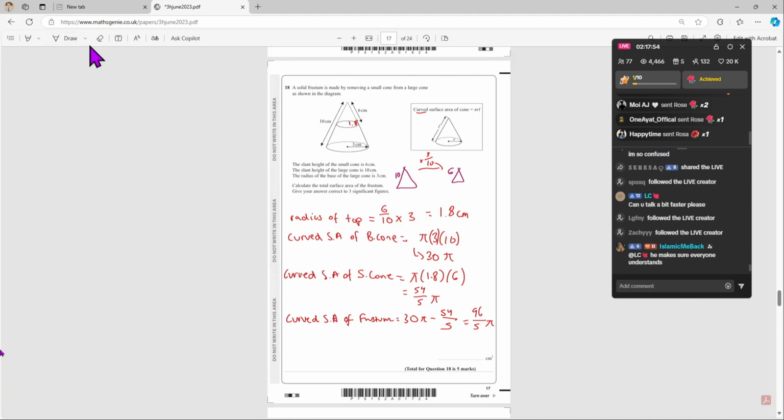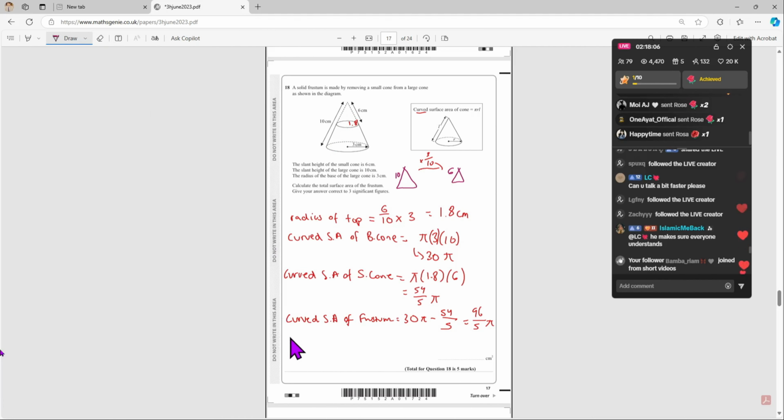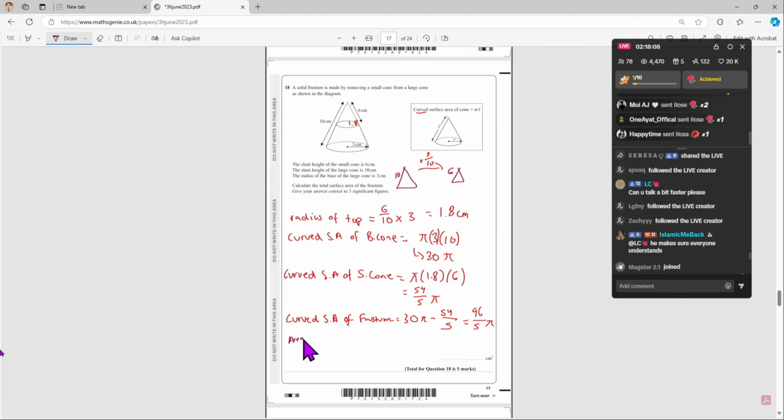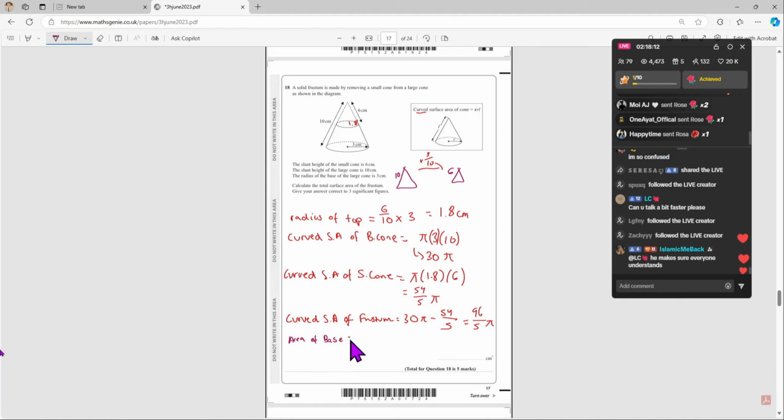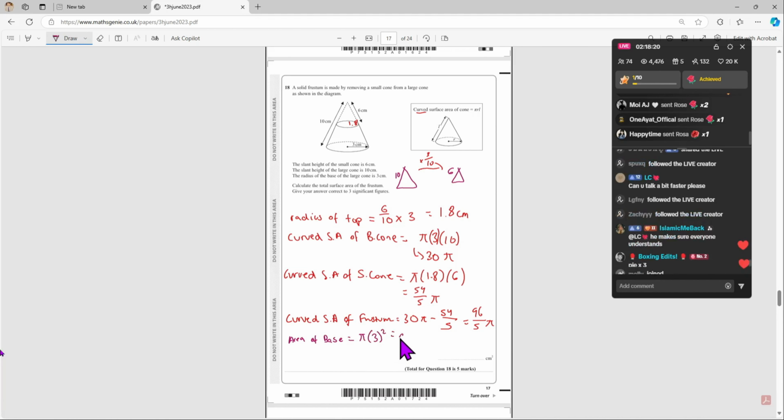So you do not want to forget about the top part and the bottom part. To work out the top and bottom, you just have to use the formula pi r squared. The area of the base is pi times the radius 3 squared, which is 9 pi.